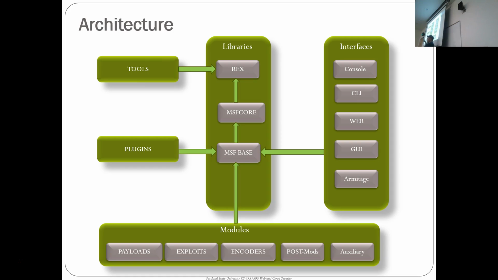Encoders are ways of making sure that your payload and your exploit don't get detected. If you are trying to evade detection by some sensor that the defender has, then you would want to encode it in different ways. For example, bypassing filters by URL encoding things to slip by. That's what this is doing. Can I encode the payload in a way that can stay under the radar? Then there's post-exploitation.